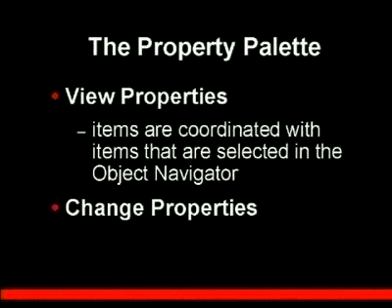So the items are coordinated in the sense that if you select an item in the Object Navigator, you will see the property palette for that item, and then you can change the property. The way that you change the property is you just select the right side of the property, and depending on what the property is, say it's a yes or no. There's a property on a database item called required.